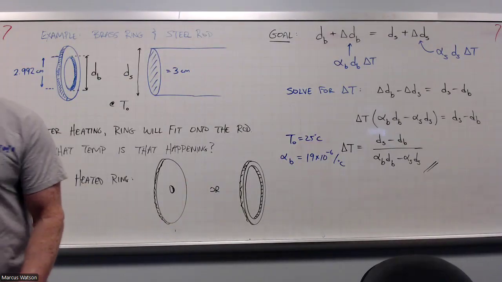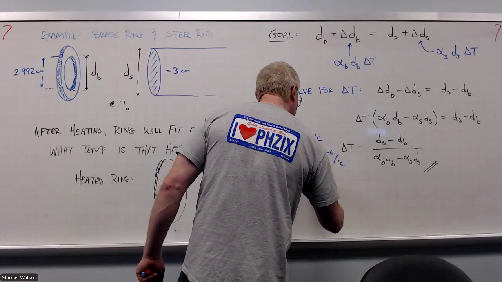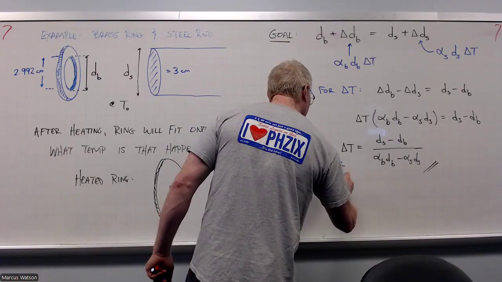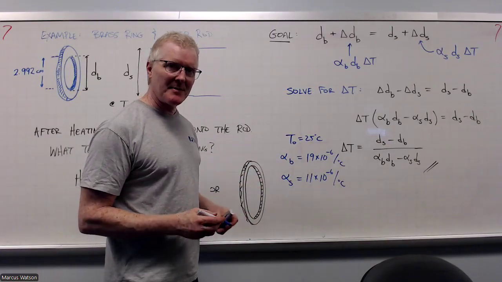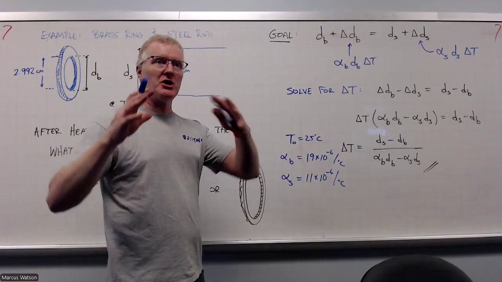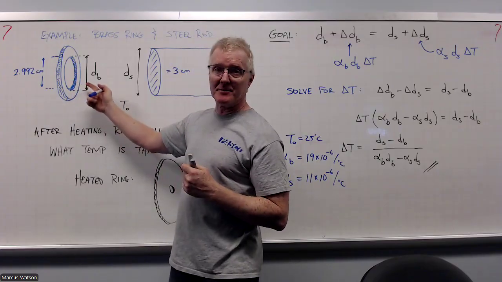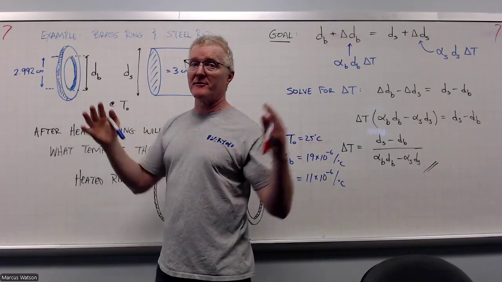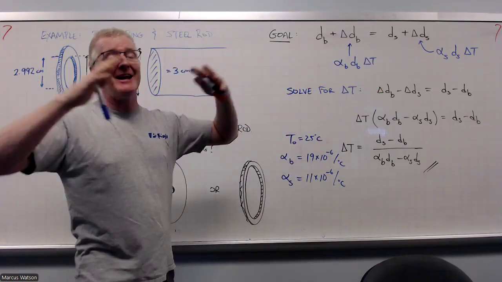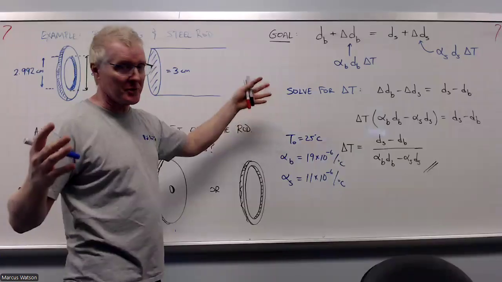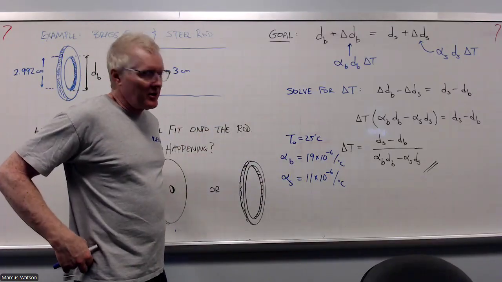Brass is 19 times 10 to the minus 6, and steel is 11 times 10 to the minus 6 per centigrade. So you can see these things aren't really expanding a whole bunch, right? This is not a huge phenomenon for small items. It's a huge phenomenon for large items, like I was talking about last time, the Golden Gate Bridge. That's a large thing, and it expands by a lot because of its original size. These are small, so the rates are pretty small.